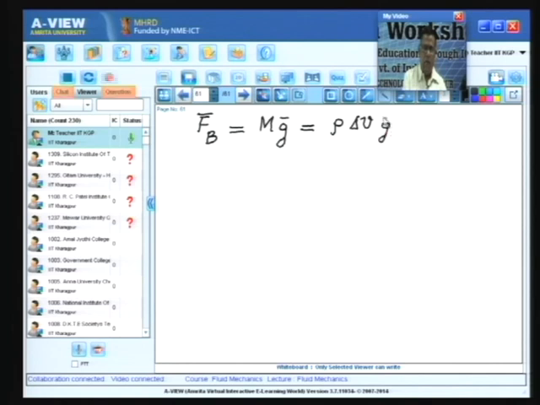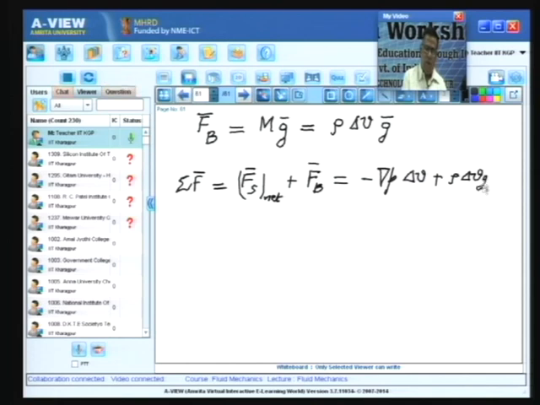So, this we can write as the density into the volume into g. Now, if you look at the sum of the forces on the fluid element, you are going to have the F s net, the net surface force, and the body force. So, this you can write as minus grad of P delta V plus rho delta V into g.